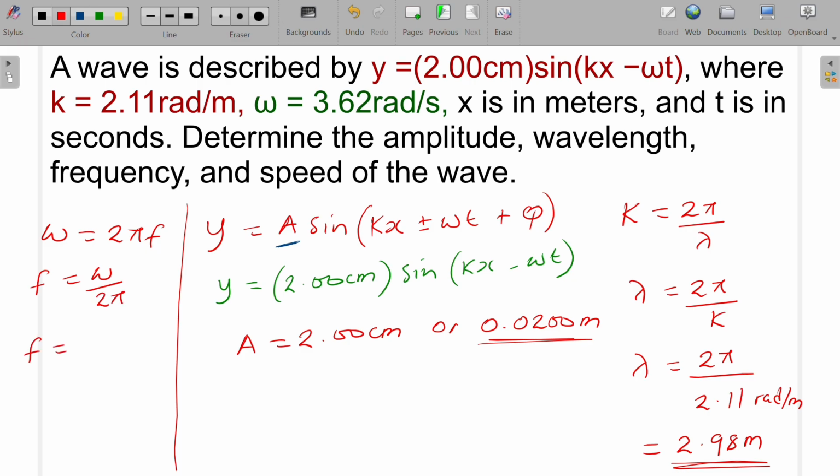We're given the angular frequency to be 3.62 radians per second, and this must be divided by 2 pi. So we need to punch our calculators and find our answer.